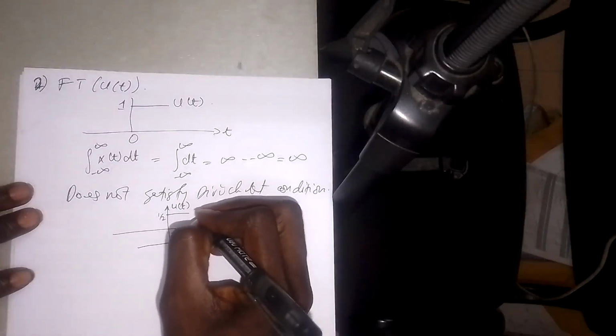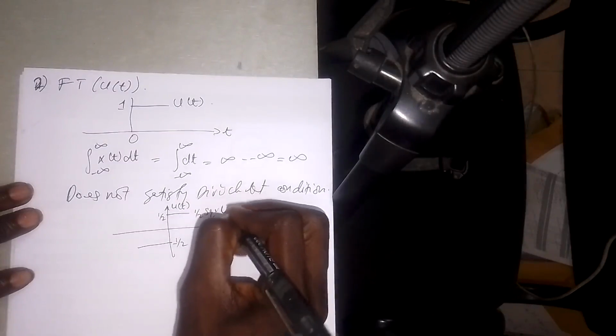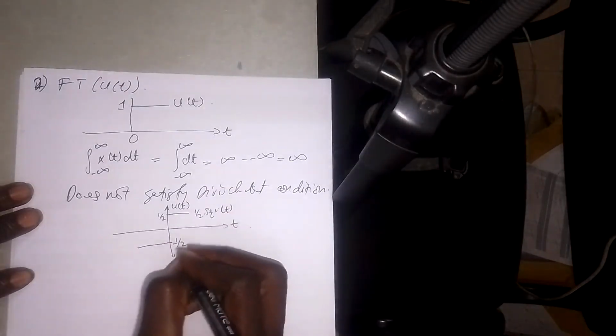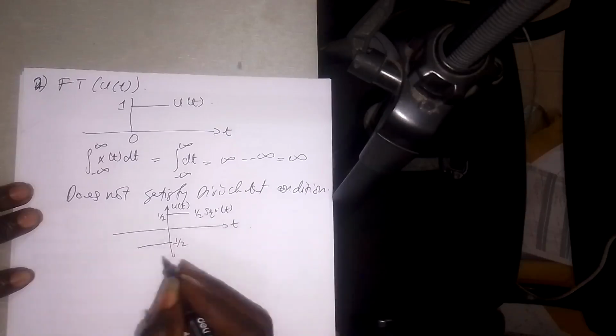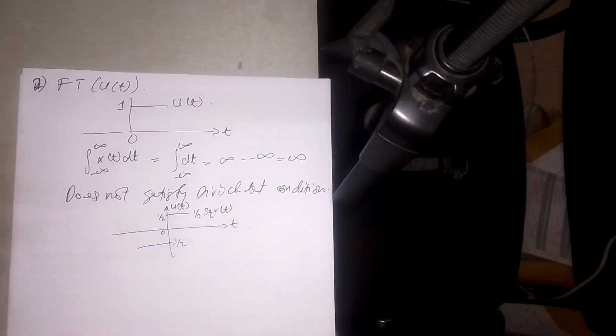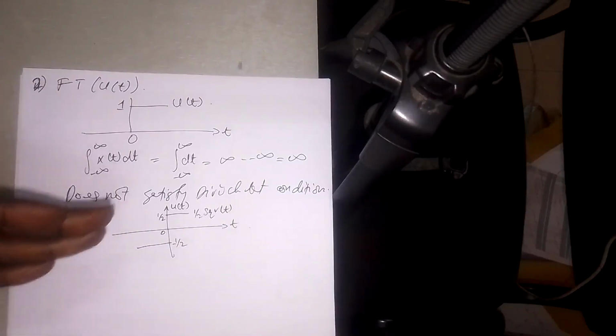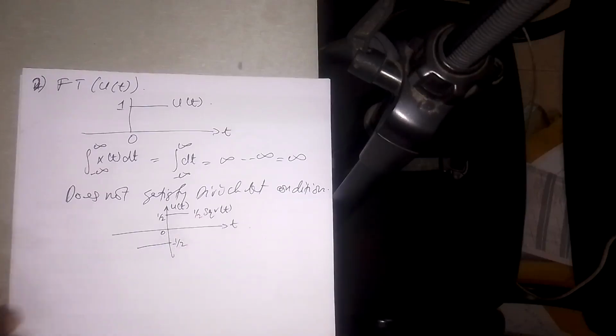This half is for the square wave, and this half can be for 1, the half of 1, because half of 1 will actually also give you this one in the negative.